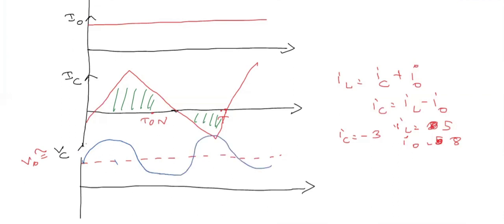So this will have a maximum value as well as a minimum value. That means there will be a delta VC value. From these waveforms we obtain the designed values of inductance and capacitance, because we consider the ripple.